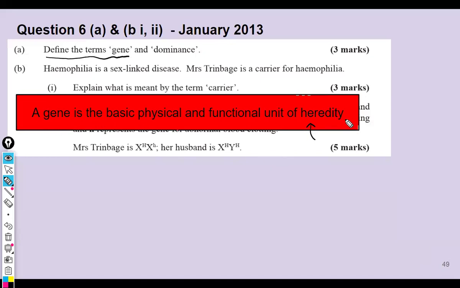If you look back to the notes on the first video, I gave you a description of what a gene does. But what a gene does is slightly different to a definition of a gene. A definition of a gene is what a gene is, not actually what it does.